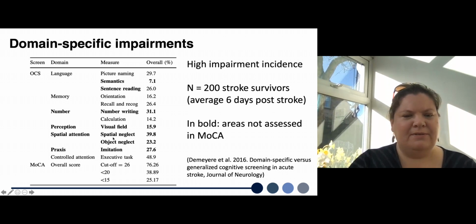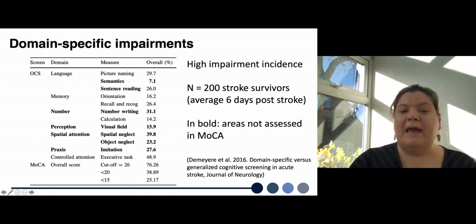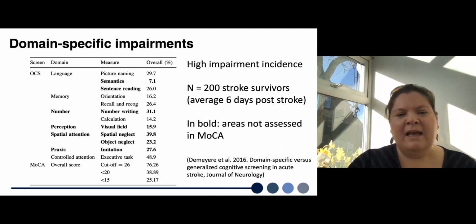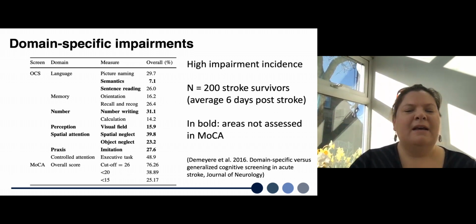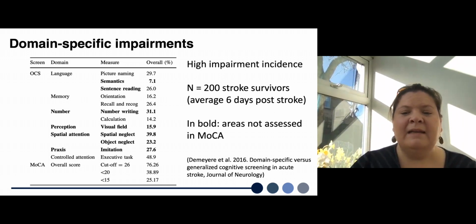So things like visual fields, spatial neglect, apraxia, reading and writing are all things that are supposed to be okay, right? When you test someone for dementia, you don't expect them not to be able to read, for example. You expect that they are okay reading, but actually, unless you look for it, here we found, for example, 26% of our patients had an impairment in reading.